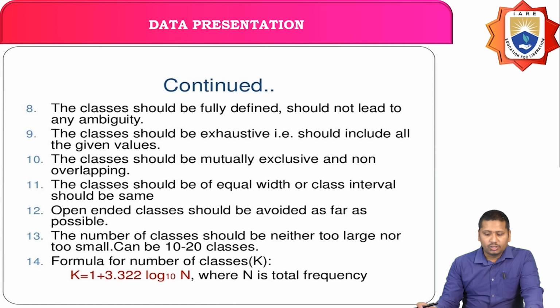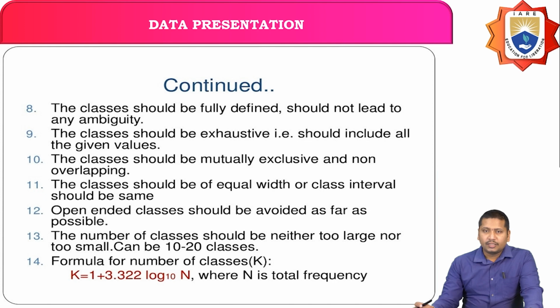The classes should be of equal width, so the class interval should be the same. Open-ended classes should be avoided as far as possible, and the number of classes should be neither too large nor too small. The formula for the number of classes is k = 1 + 3 log n, where n is the total frequency.